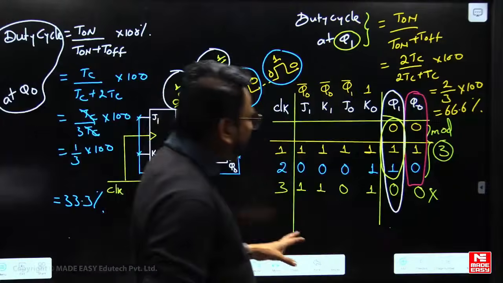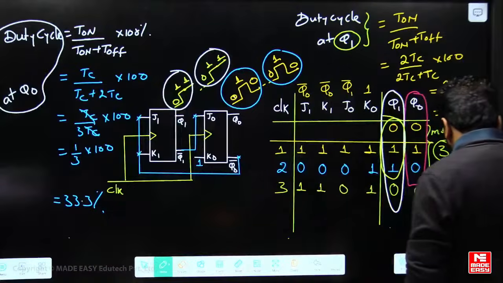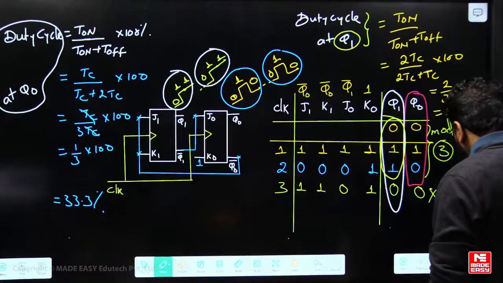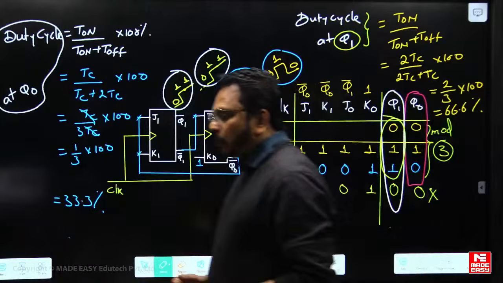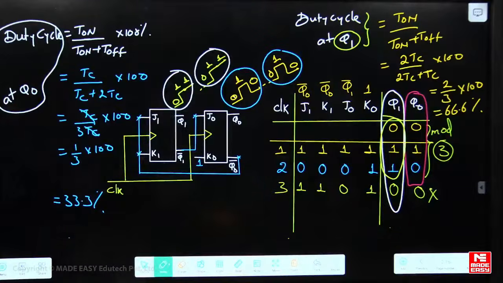This is the way you can handle synchronous counter related questions also. Now based on this, even the designing questions you can expect.